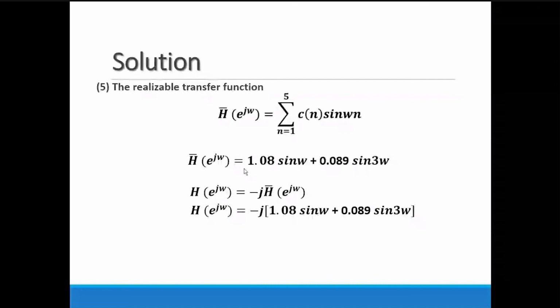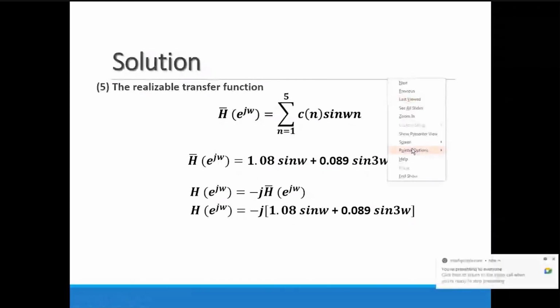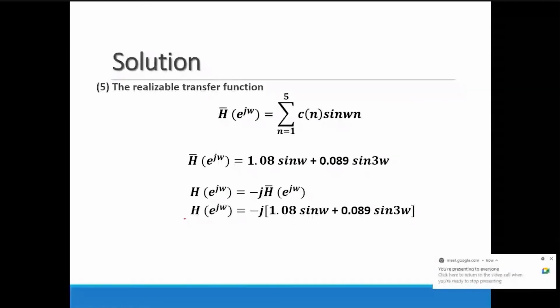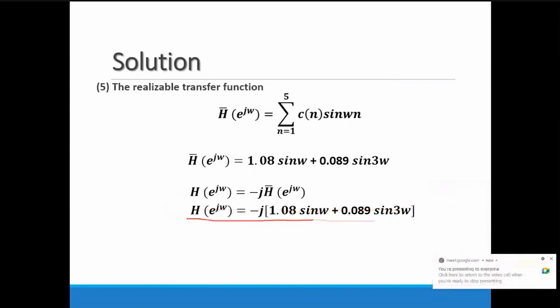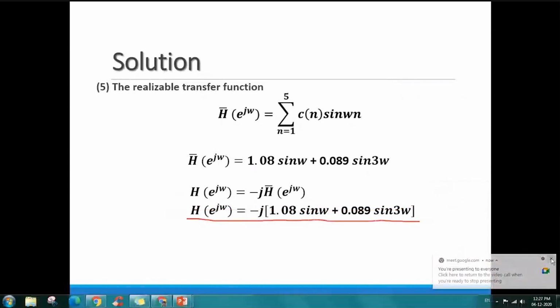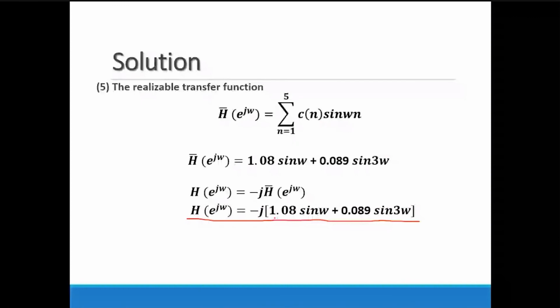Multiply this term with minus j, so minus j into H dash e raised to j omega. So our final equation will be H e raised to j omega is equal to minus j times 1.08 sin omega plus 0.089 sin 3 omega.